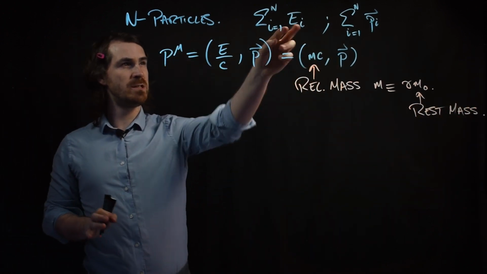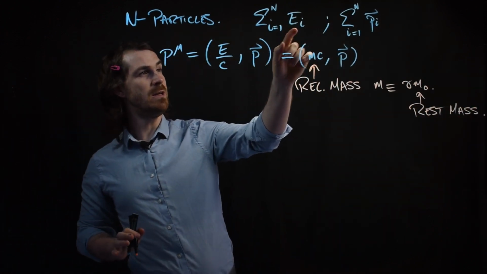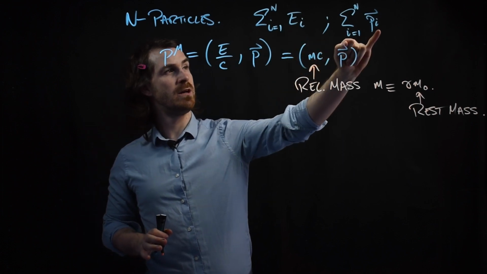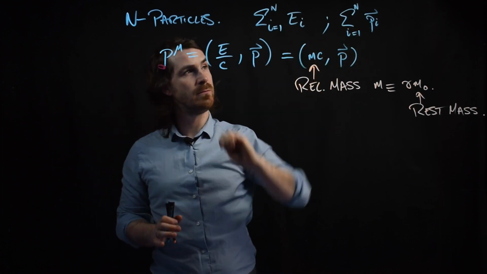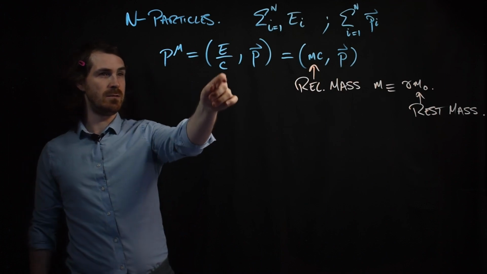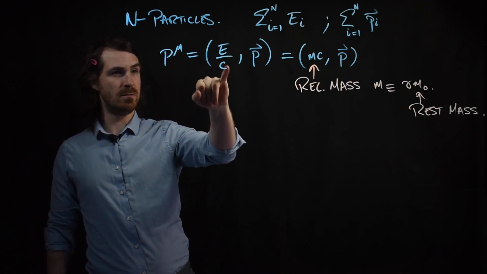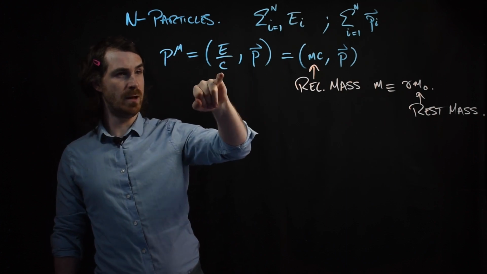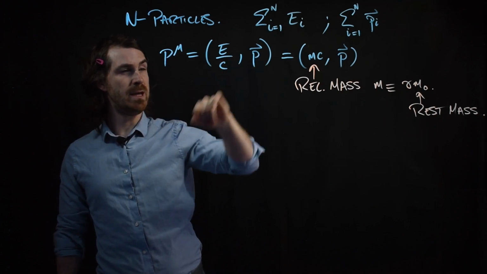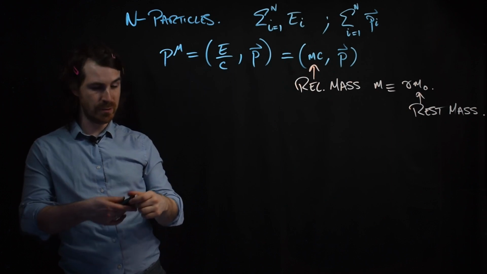Now, if we have a system of particles with energy E that's conserved and total momentum P that's conserved, you can see that for each particle, the 4 momentum has energy in the first component, and then p in the 1, 2, 3 components.